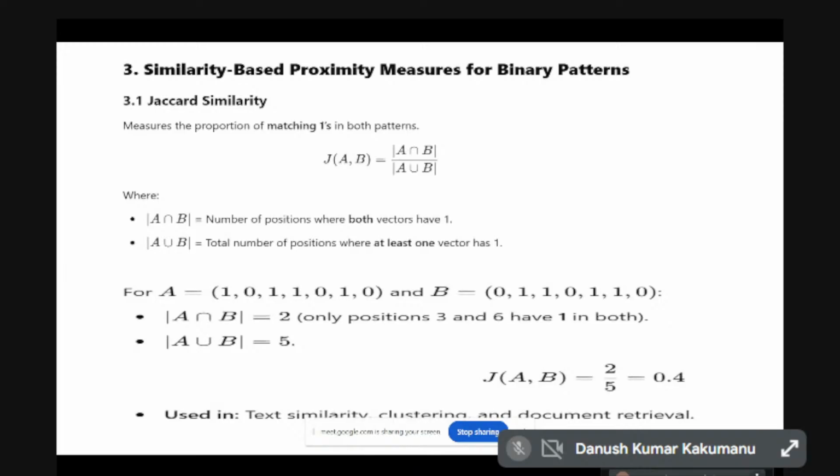Why not two or three? Because this is a binary pattern, we have only 0 and 1. A intersection B means the number of positions where both vectors have one. A union B is the total number of positions where at least one vector has one.